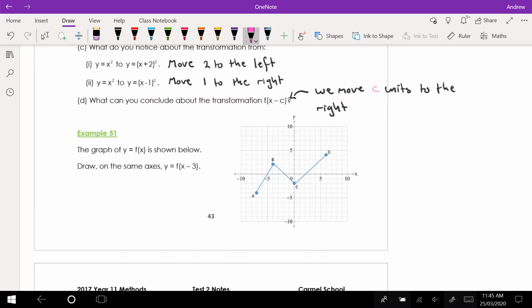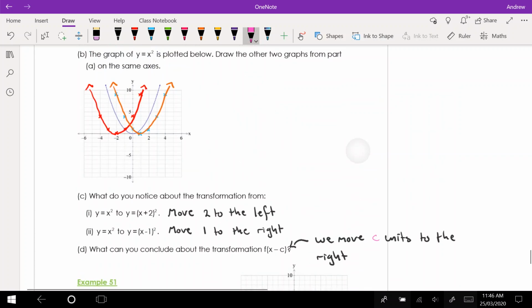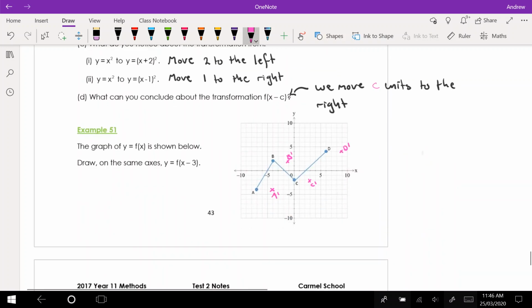So it's really quite simple because it just goes 1, 2, 3. That's a dash. 1, 2, 3, b dash. 1, 2, 3, c dash. 1, 2, 3, d dash. All I'm doing is just moving each individual point 3 units to the right, which you could do up here as well. You just go that way. Here instead, we're now moving them all.